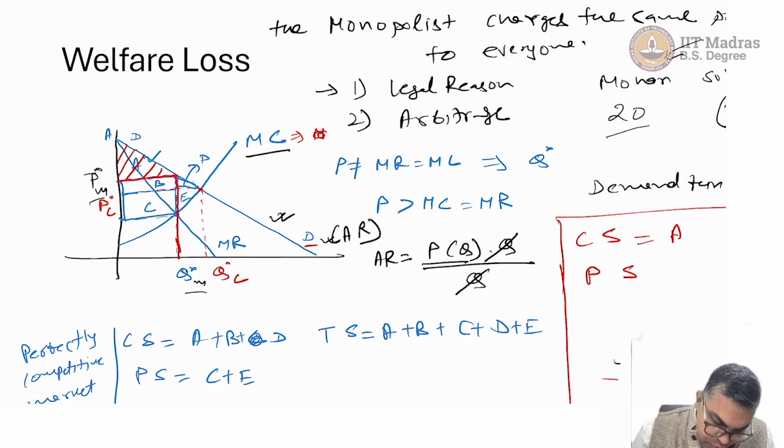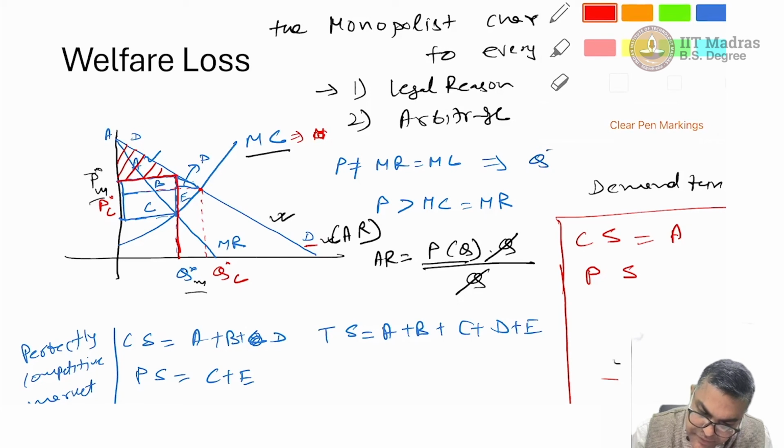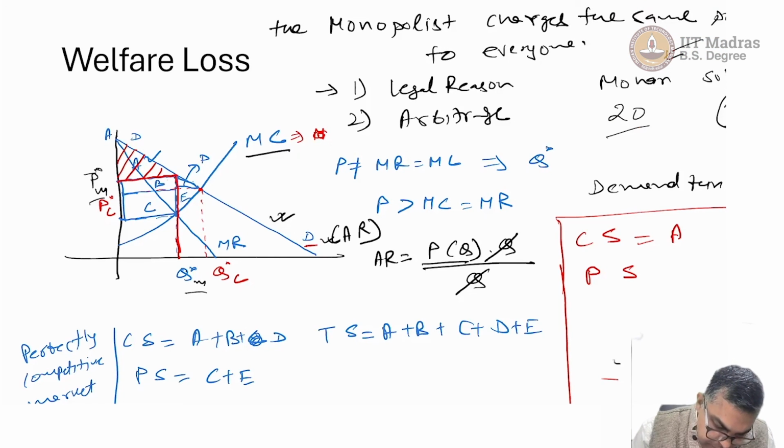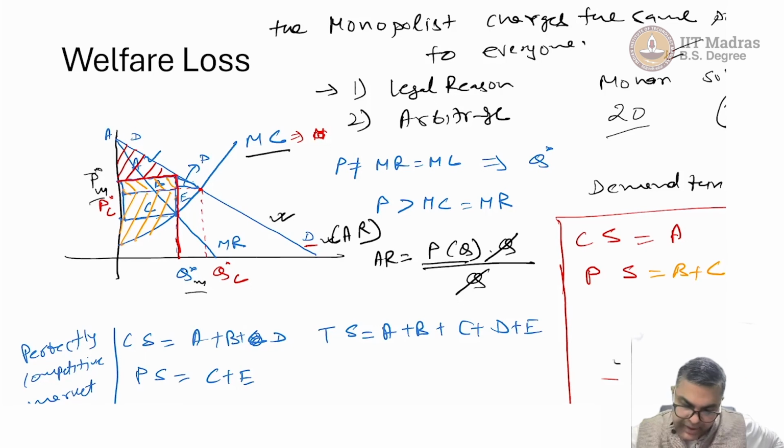Producer surplus is going to be B, this part, plus C, this part. So B plus C. And so total surplus is going to be A plus B plus C, and deadweight loss is going to be D plus E.